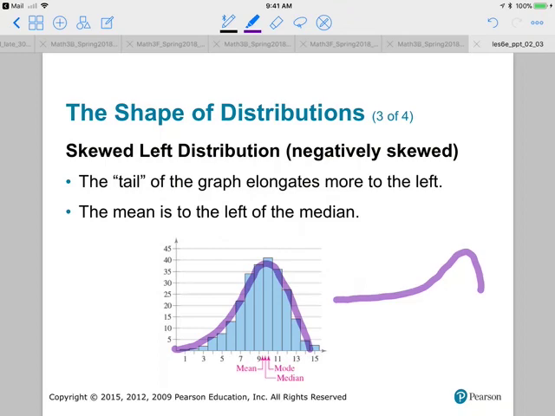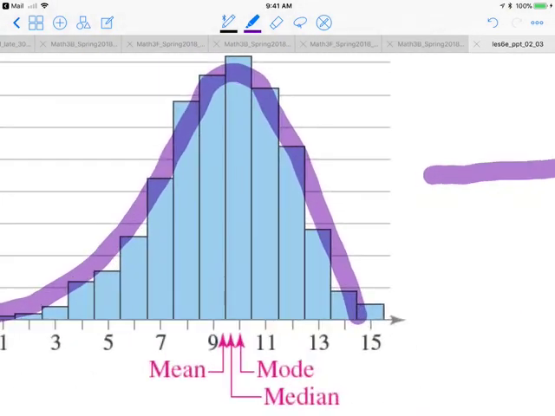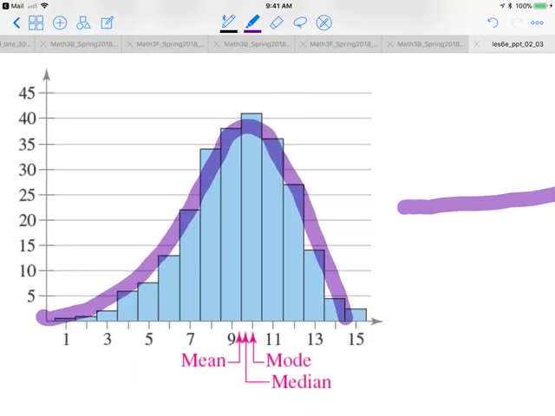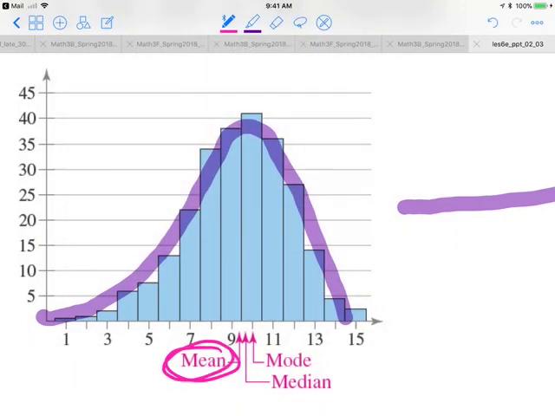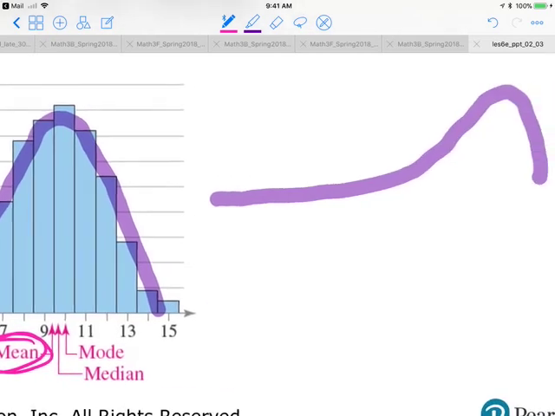And in a left skewed distribution, the mean is less than the median and the mode. Now, why is that? That's because you have a lot of small values, and these small values are bringing the mean down.